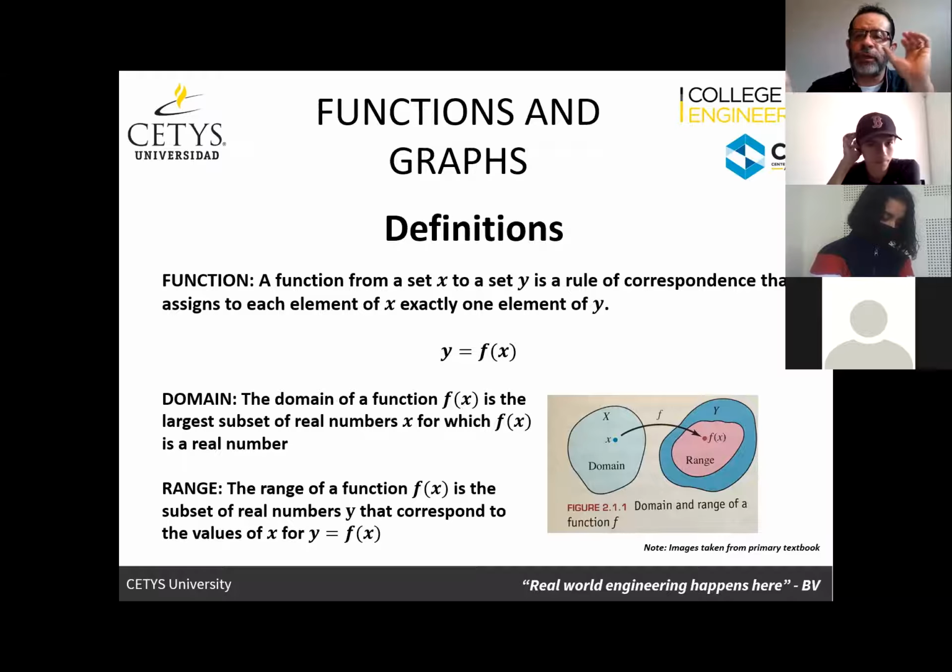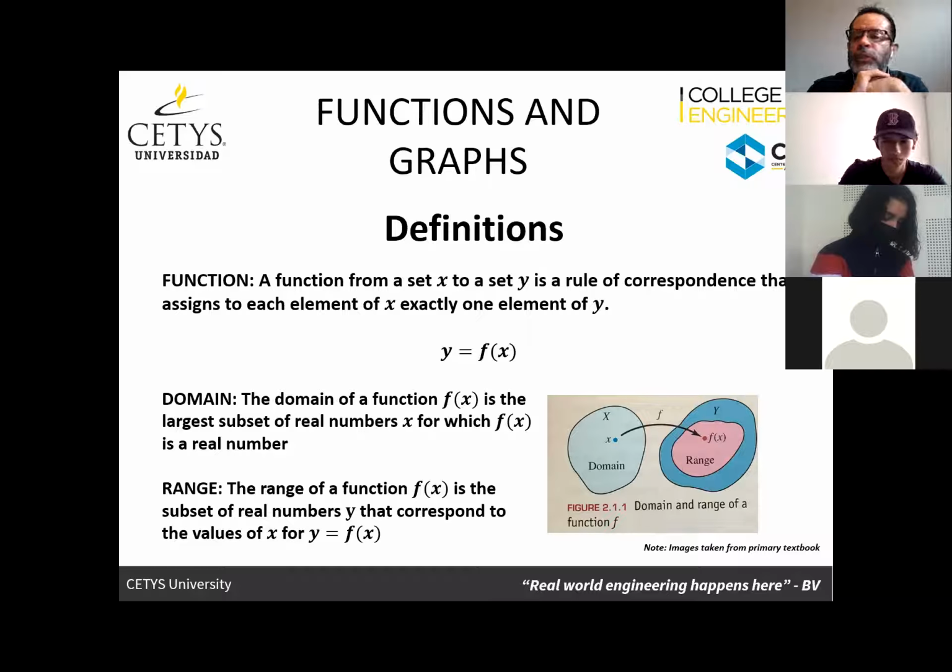A mathematical function is going to be a relationship that is defined by a rule set. A rule set of correspondence that assigns values to certain elements.